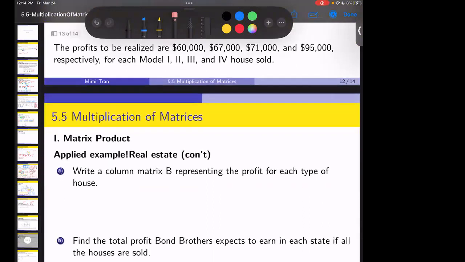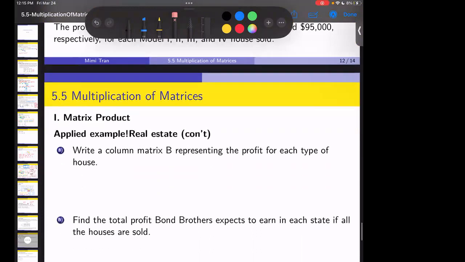Write the column matrix B to represent the profit for each type of house. They want you to call that matrix B. It is a column matrix, so we're going to have 1 column, right?